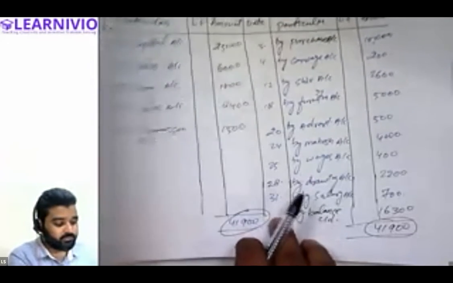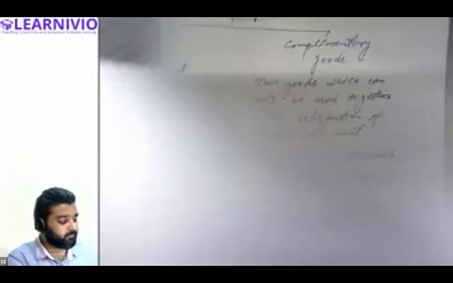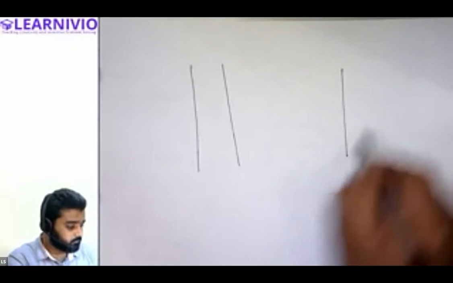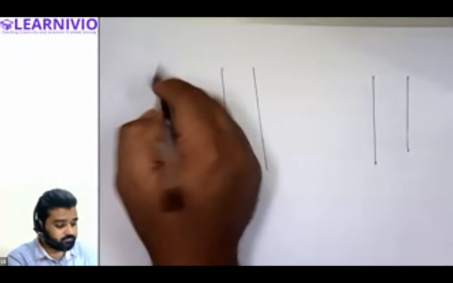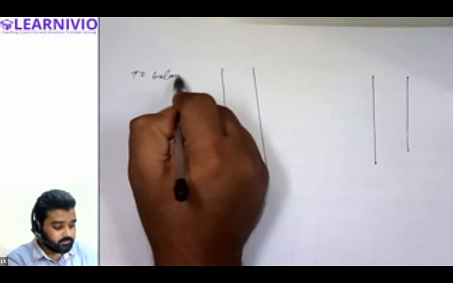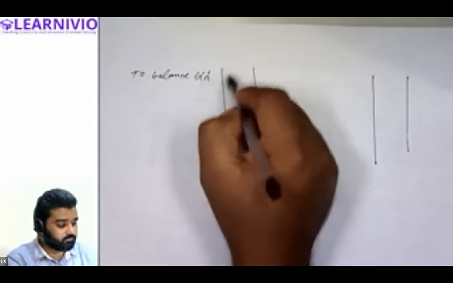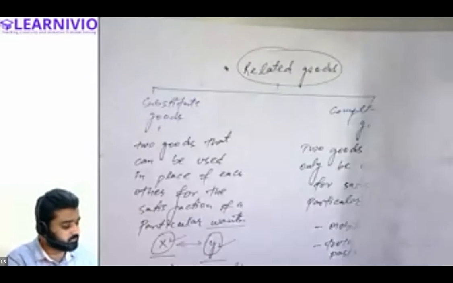So when we continue with the business in the next year, and prepare the cash account in the next year, we will start our cash account like this. We will also prepare the other column, but for the timing, I'm just trying to explain. So we will write here to balance b/d. This is balance brought down. This will be 16,300.